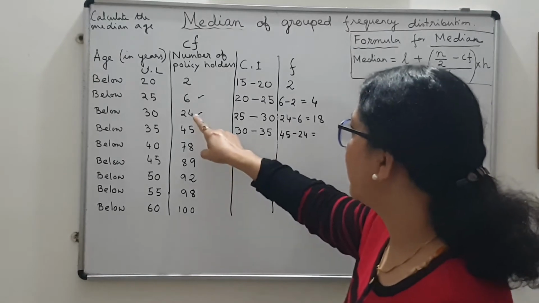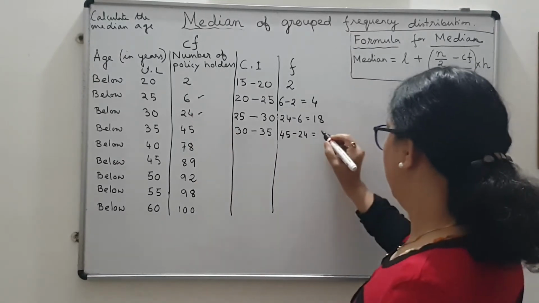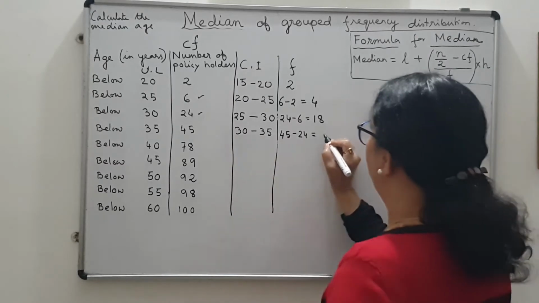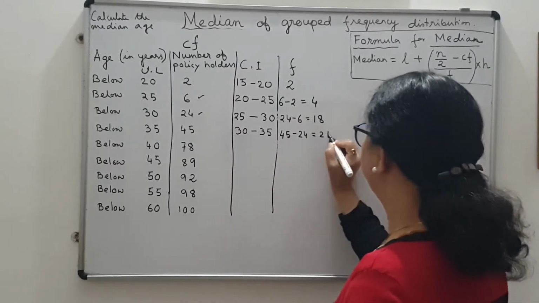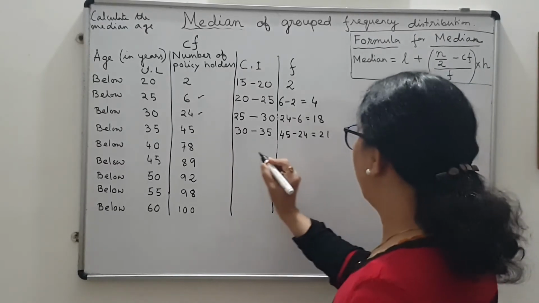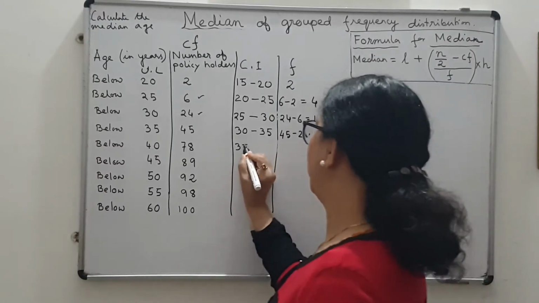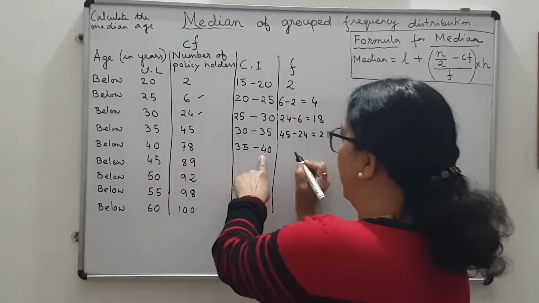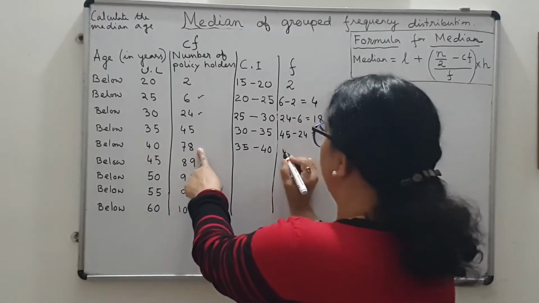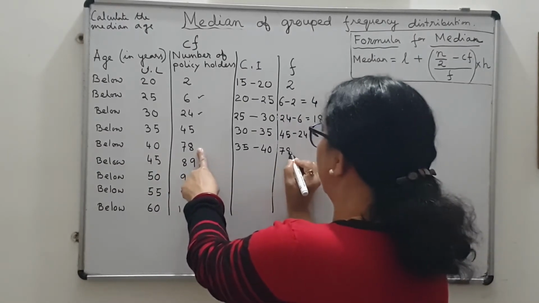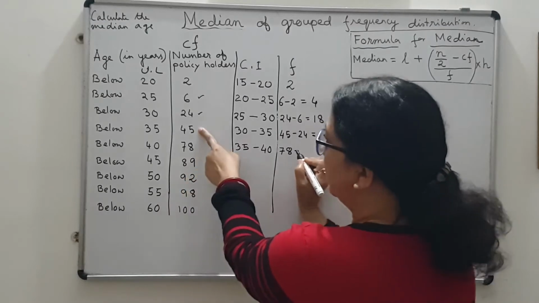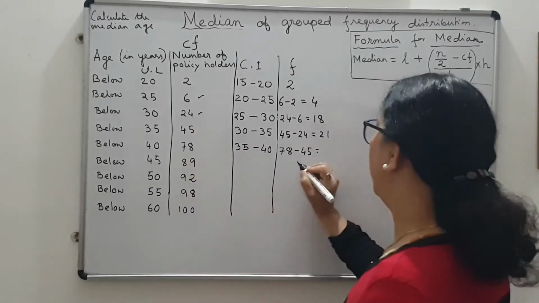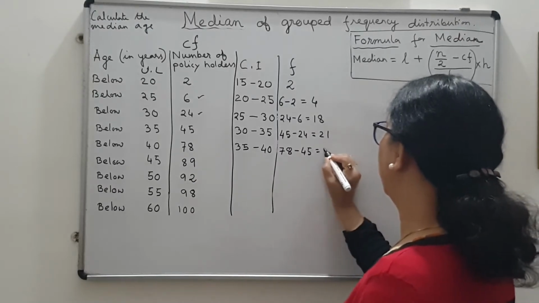So 45 minus 24 will be the frequency of this class, and it is 21. For the next class, it will be 35 to 40. Below 40, the cumulative frequency is 78, minus the cumulative frequency of the previous class, 45. It is coming to 33.